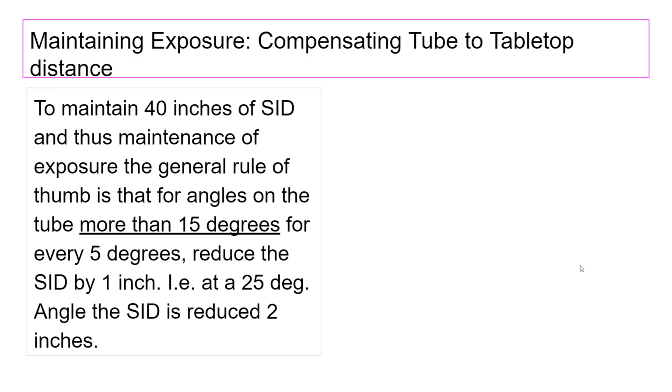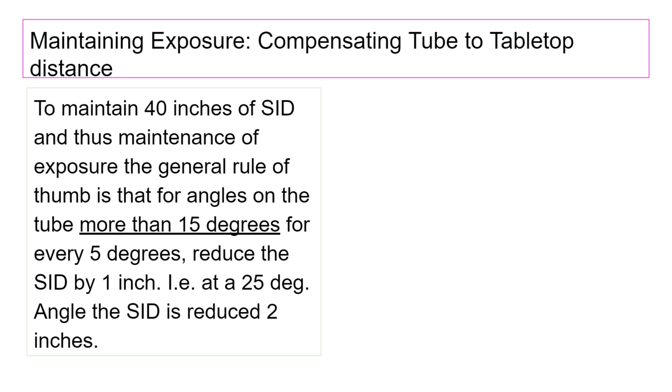So in an attempt to keep our SID the same, there's a general rule of thumb, right? It's not a physics law or anything serious: once you go beyond 15 degrees, you should change the SID by 1 inch for every 5 degrees of angle on the tube.